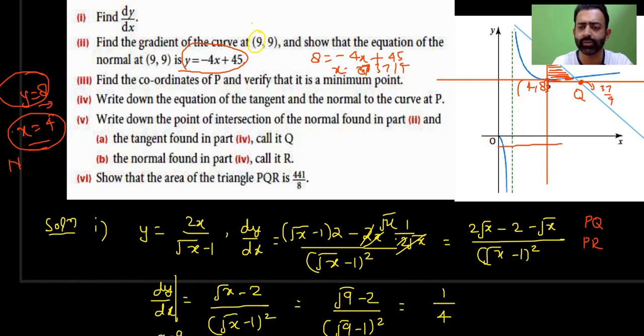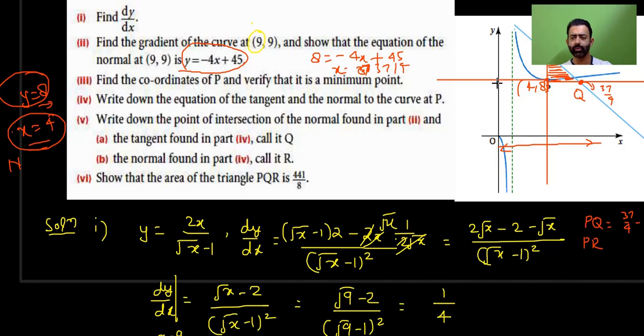Means this whole distance from origin is 37 by 4. Okay, and distance from origin to this point is 4. So basically my PQ will be 37 by 4 minus distance 4. Right. So 37 by 4 minus 4. Right.